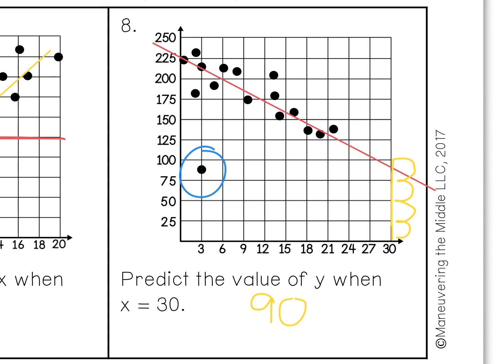But if your line went above mine, your guess might be closer to 100. But there's no way from this data that you can get a line that looks like this. That's a bad fit. So there's no way you could get 25 as an answer unless you just had a really, really terrible line. So there are wrong answers, but there's not one right answer.